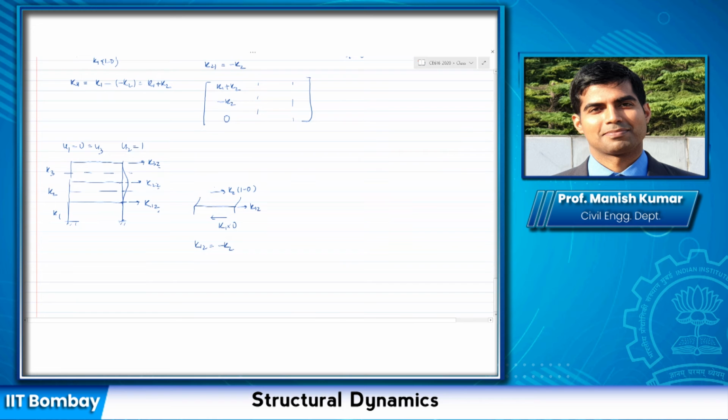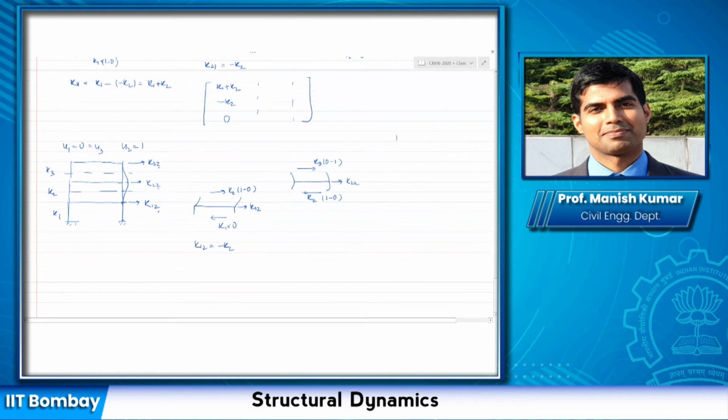Then if you have a look at the second story, which is something like this, the force that needs to be applied is K22. So here it would be K2 times U2 minus U1, which is 1 minus 0. And in this case, it would be K3 times U3 minus U2, which is 0 minus 1. And in the third one, it is deforming like in this case here.